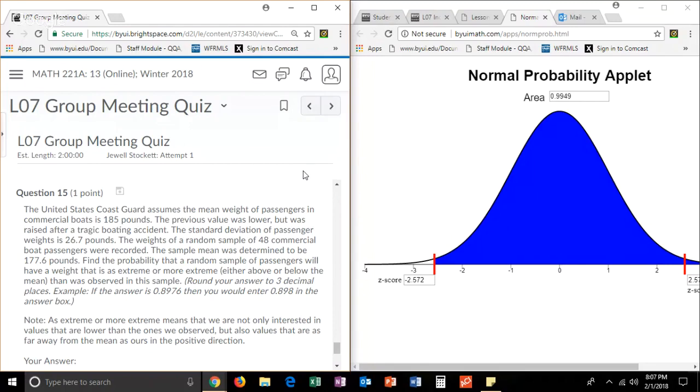Find the probability that a random sample of passengers will have a weight that is as extreme or more extreme. So greater than or equal to. Wait, what? We have two numbers that are confusing. It's saying as extreme or more extreme, so either above or below the mean. As extreme means the same as the mean, or above.